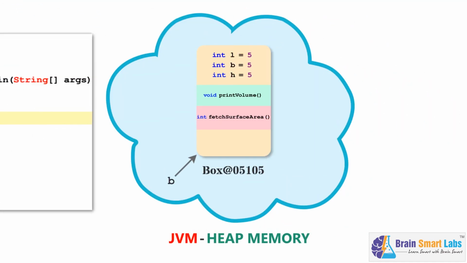The object now contains all states and behaviors clearly described same to same as present in the template, that is variable L, variable b, variable h, printVolume method, and last but not the least our fetchSurfaceArea method.